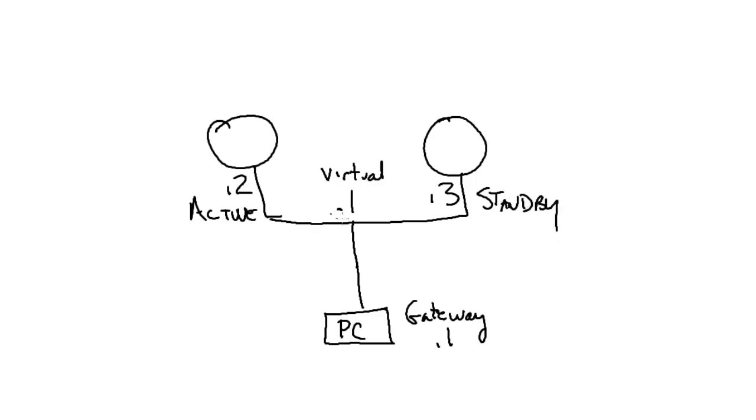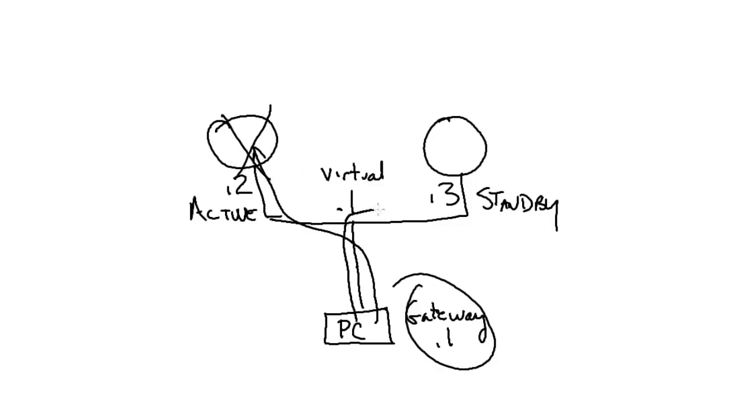The active router answers ARP requests for the standby IP address with a virtual MAC address, so that the host sending packets to the gateway IP address winds up sending them to the active router. Now, if the active router dies, then another election is held. And in this case, traffic would go out the .3 interface, even though traffic would still be pointing to the virtual .1 IP address.